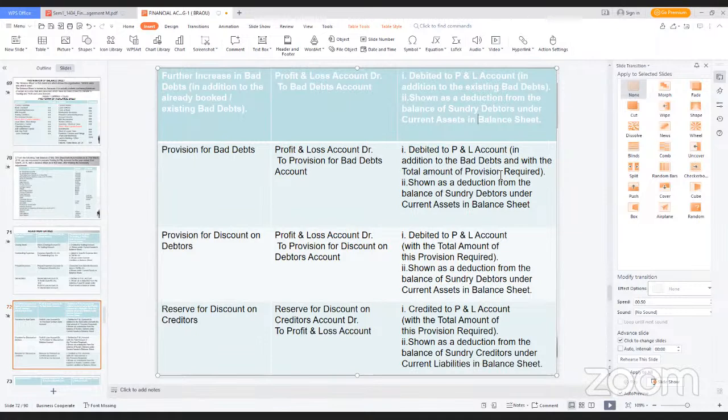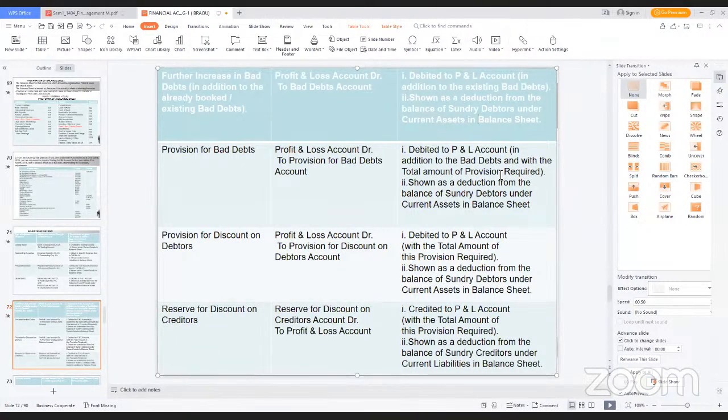Next, we will take the provision for discount on debtors, where you will be getting a discount on debtors. That you will be writing in the profit and loss account, on the debit side.